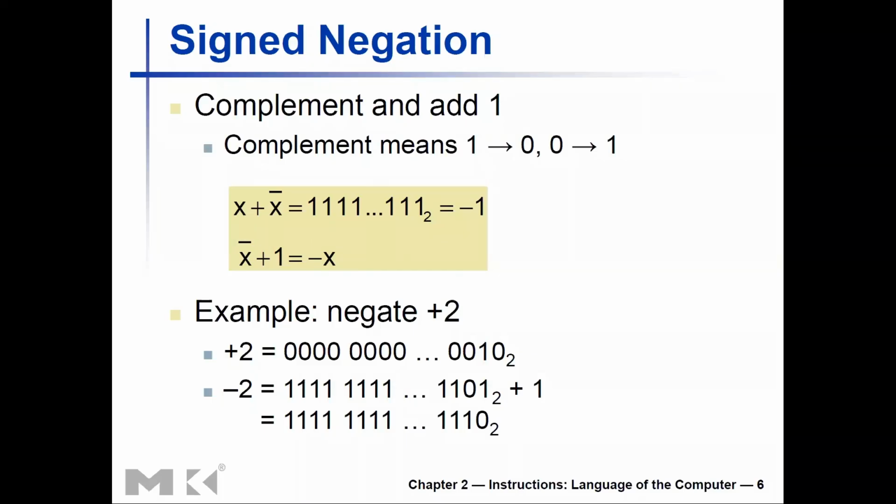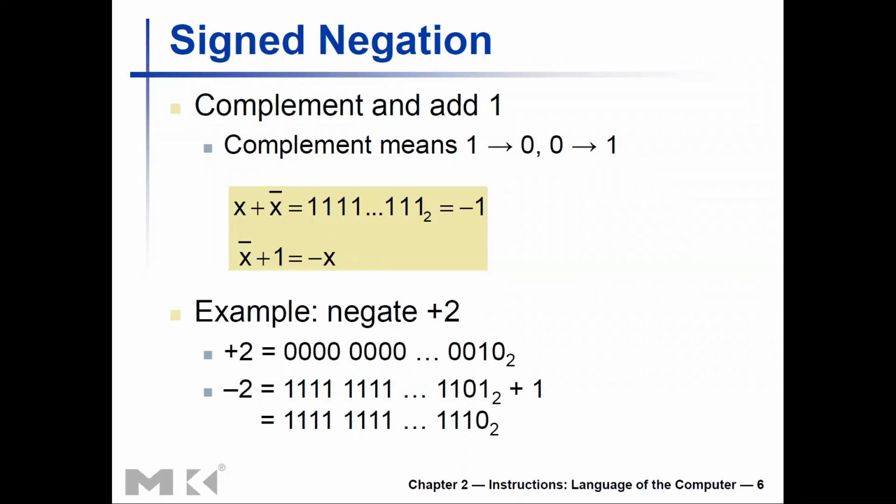So here, the main idea is that the method we are going to use to get the negative number corresponding to a positive number is: we first complement the binary representation of the positive number and then add 1 to that.